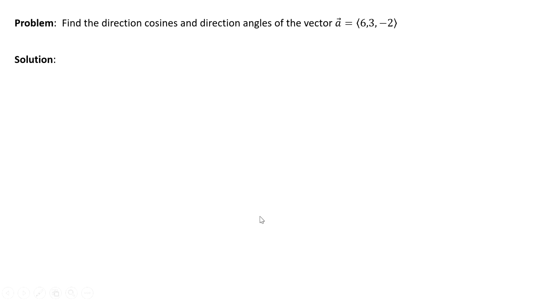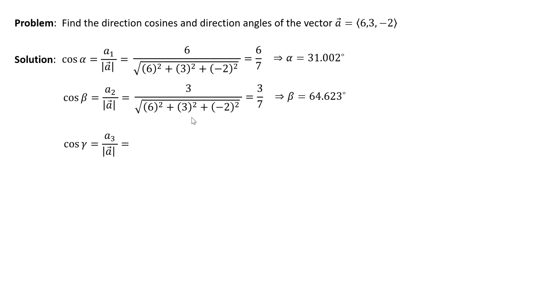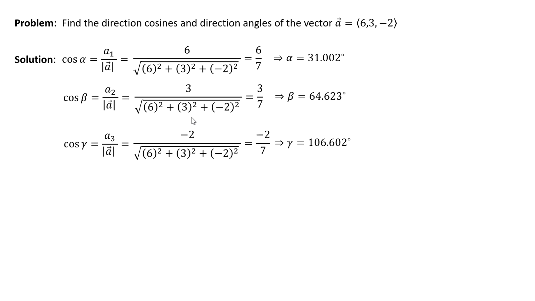Find the direction cosines. Some silly problem. Simply, a1, the x component, is 6, divide by the magnitude, and you get 6 over 7. And if cosine alpha is 6 over 7, alpha must be 31 degrees. I used a calculator to figure that out. Similarly, you can figure out cosine beta and gamma.